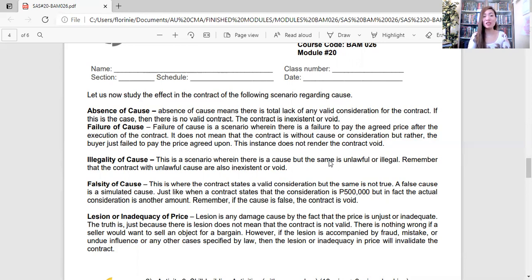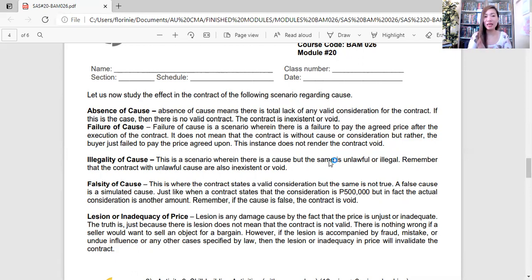Failure of cost, meaning to say, may cost talaga. Halimbawa, sinabi nila ang benta ng 100,000, hindi lang nakabayad. So if that's the case, masasabi ba natin agad na hindi valid yung contract? Di ba? Hindi naman. Kasi yung failure na magbayad ay hindi nagre-render ng contract na maging void.